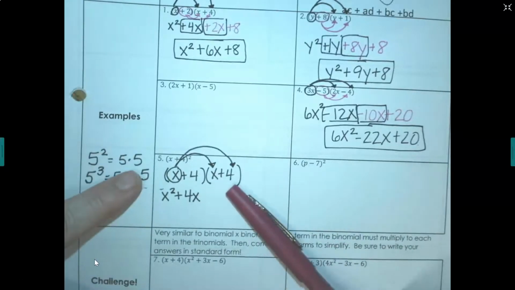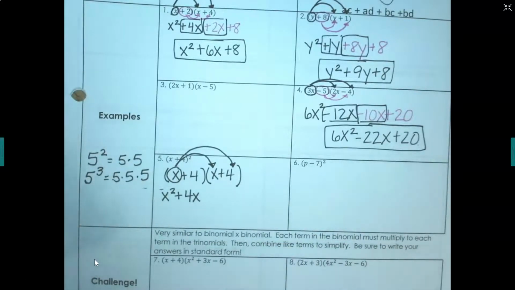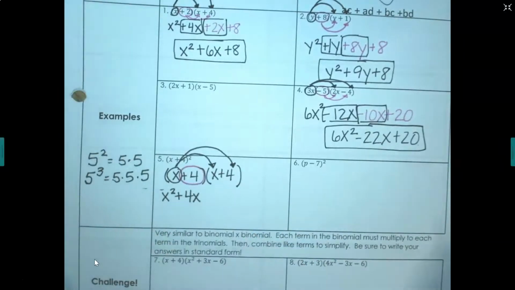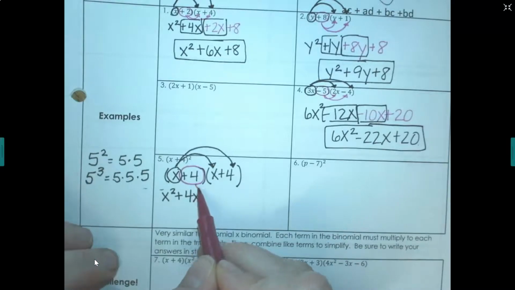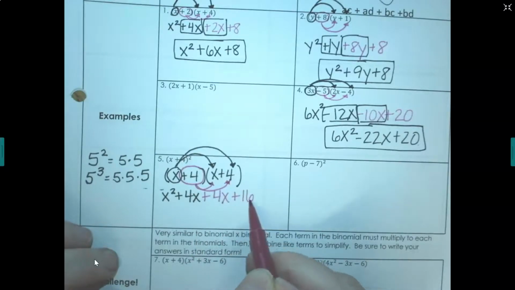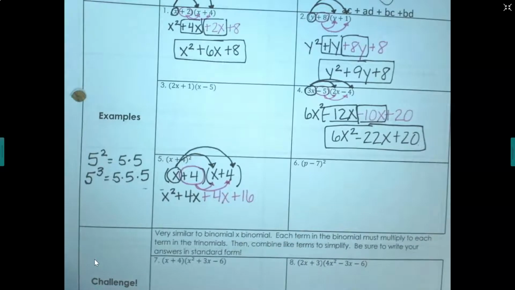First term has multiplied to both terms in the second parenthesis, so you've got to go back and get the term you haven't sent through yet. We have not distributed the positive 4. So I have 4 times x for 4x, and then I have 4 times 4 for a positive 16.